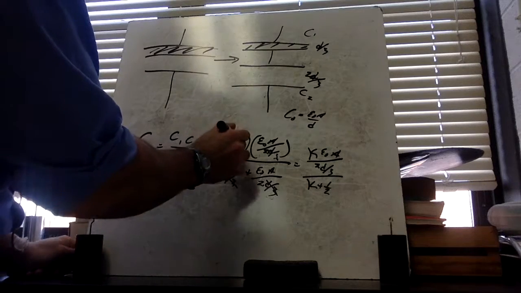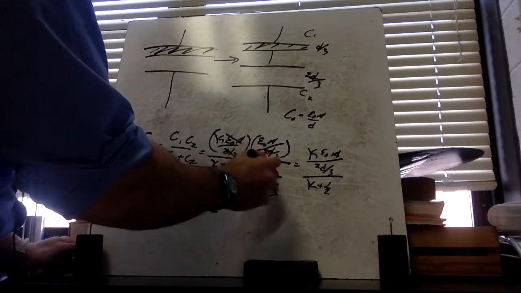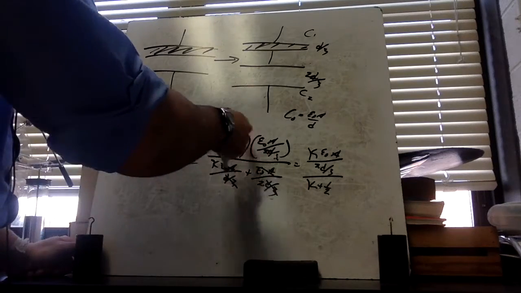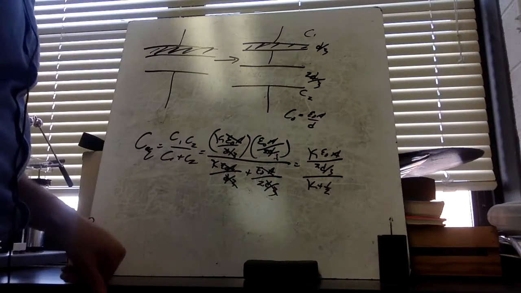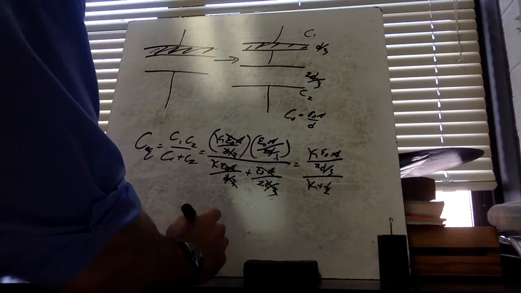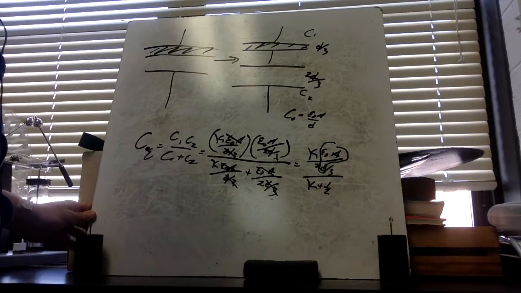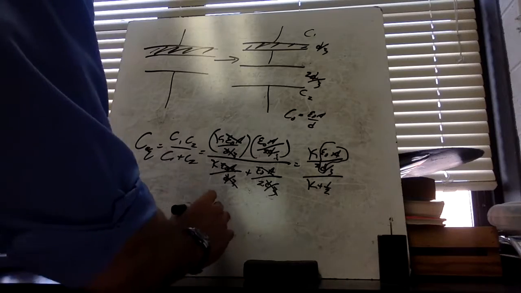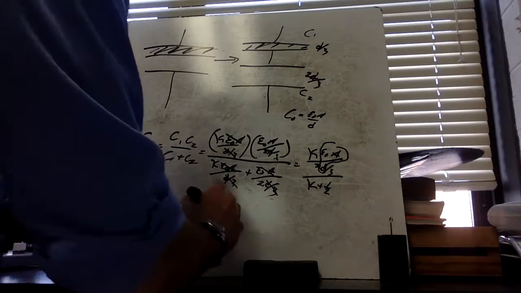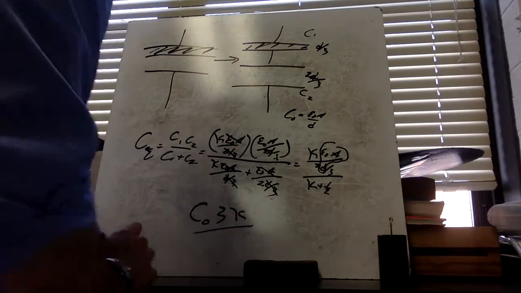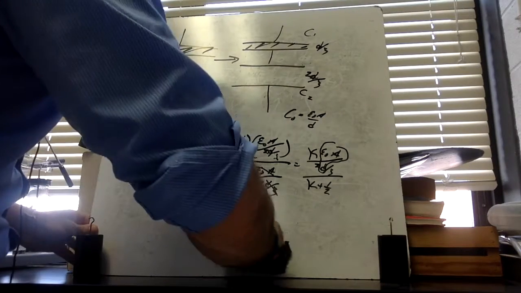The epsilon naught A over d can cancel out with both of these, because that combines to 1, a common factor. So this is all I'm left with. Continuing to simplify, we end up with C naught times 3 kappa over 2 kappa plus 1.